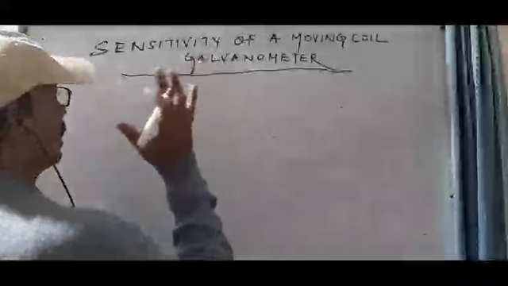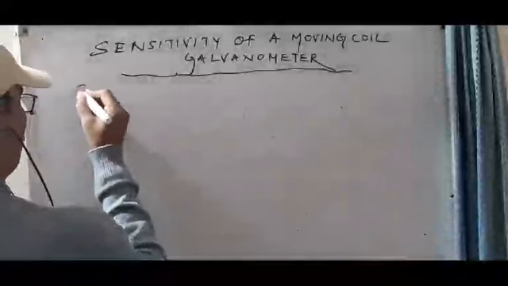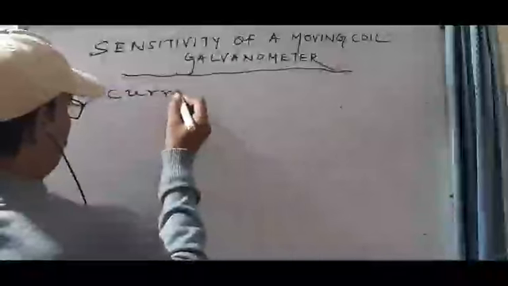So here are two types of sensitivity of a moving coil galvanometer. First one is current sensitivity.